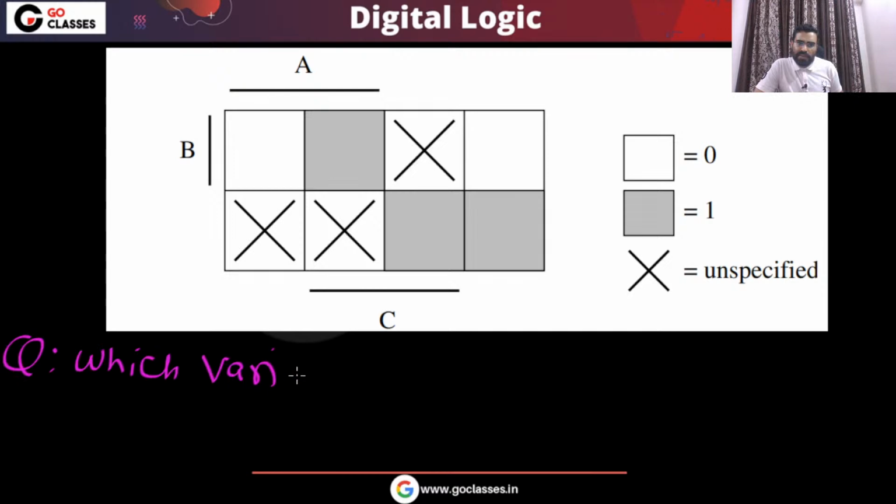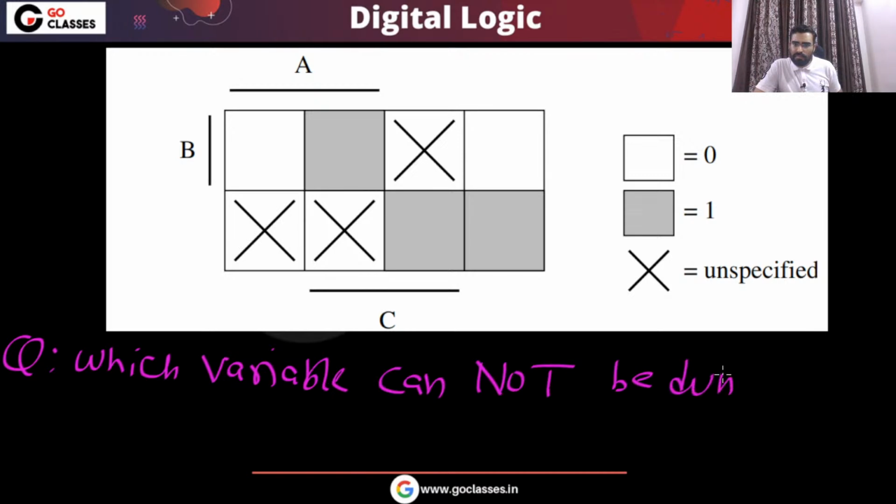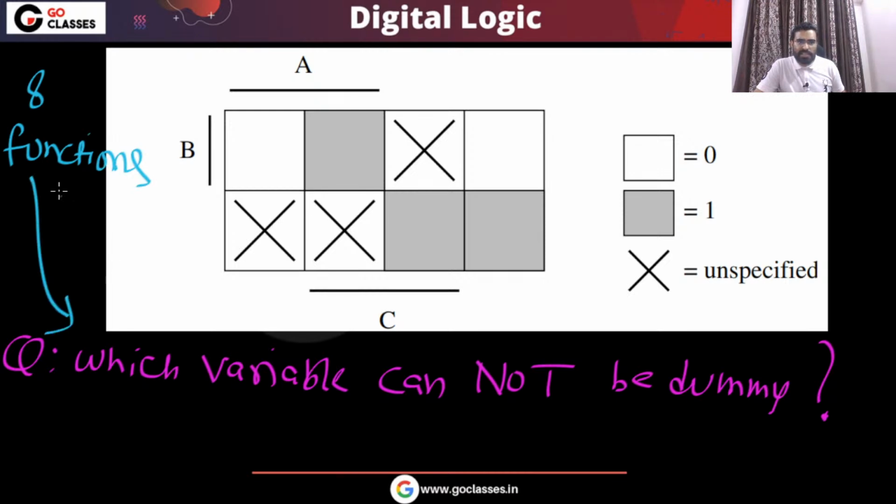Forget about don't cares, because total 8 functions are there. In these 8 functions, which variable cannot be dummy?